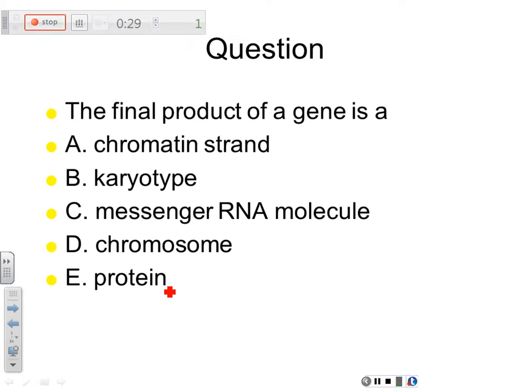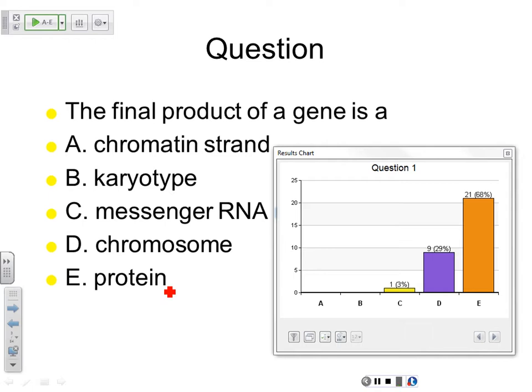So start polling. Is there 30 of us or 32? 31? 32? Somebody who's not here, maybe? I'll just let it time out. Okay. And show results.